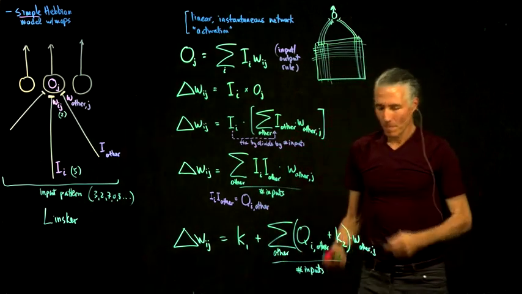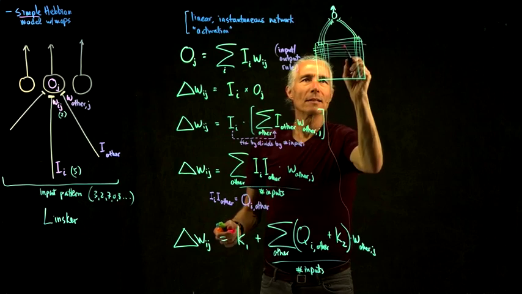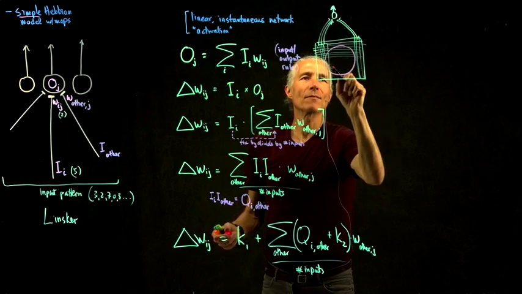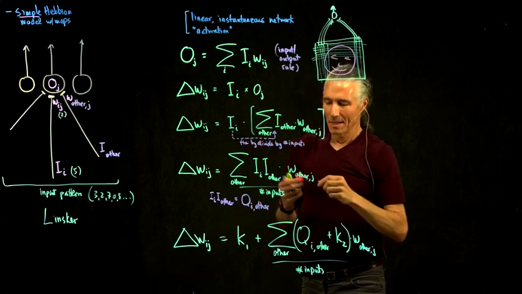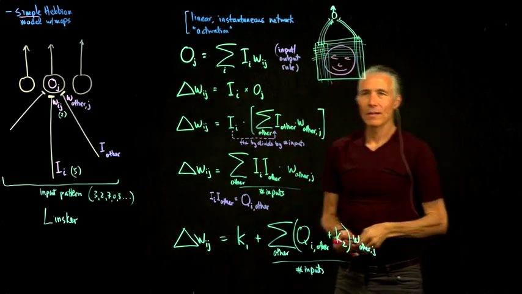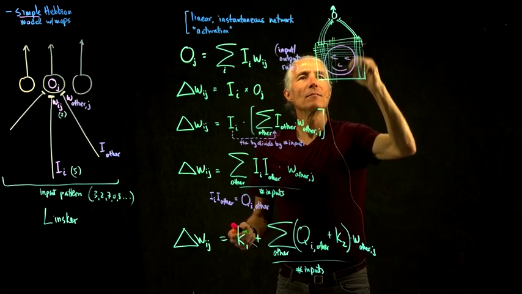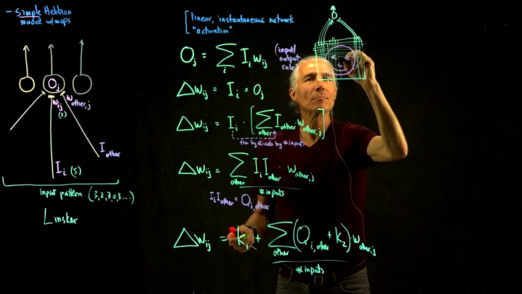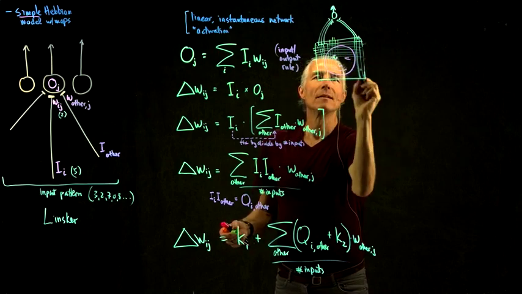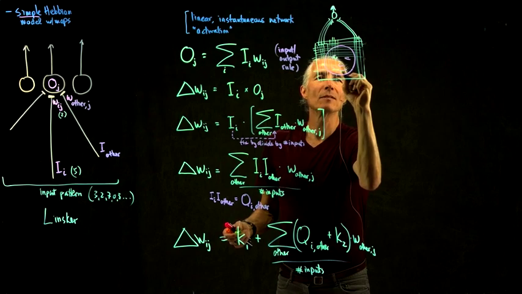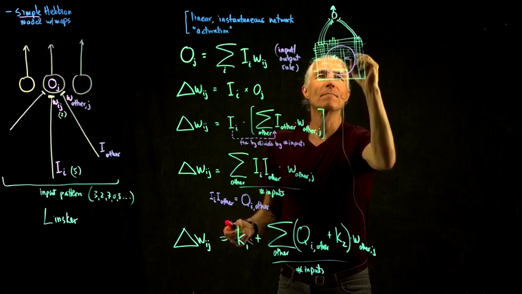So how would you train a network like this? Well, show it a face. So here's a face. The face is an input. And so what is the input of the face? Well, this pixel and this pixel are on. There'd be a whole bunch of pixels on that represent the face.